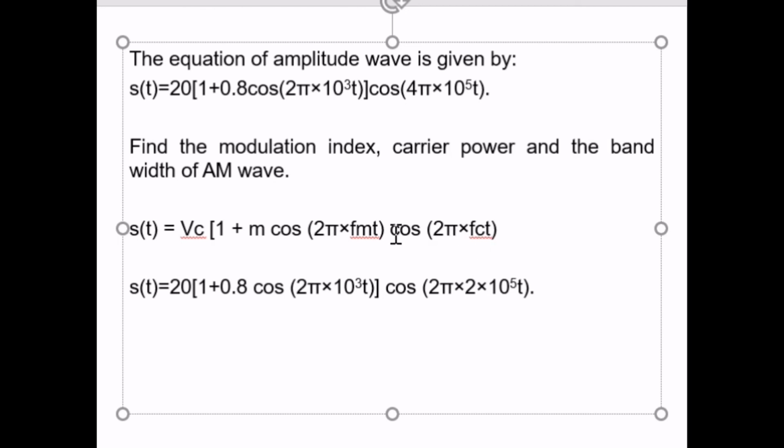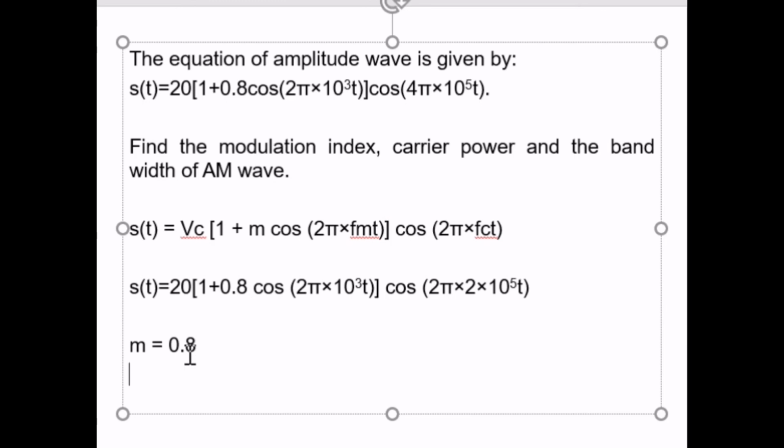Sorry, this is the wrong place we put. Okay, so now we can get the modulation index first. So m should be equal to this here, 0.8 modulation index.